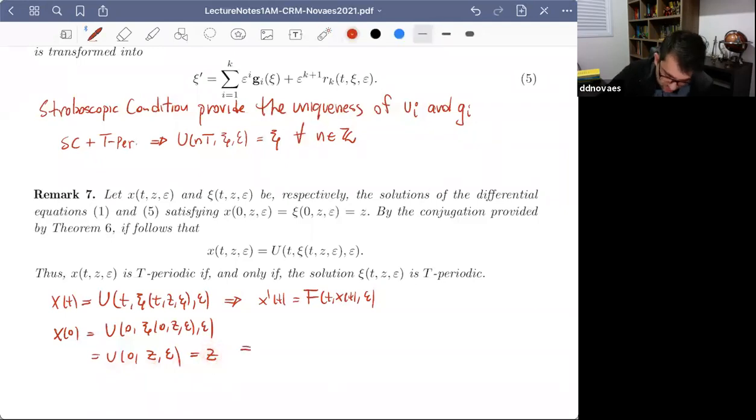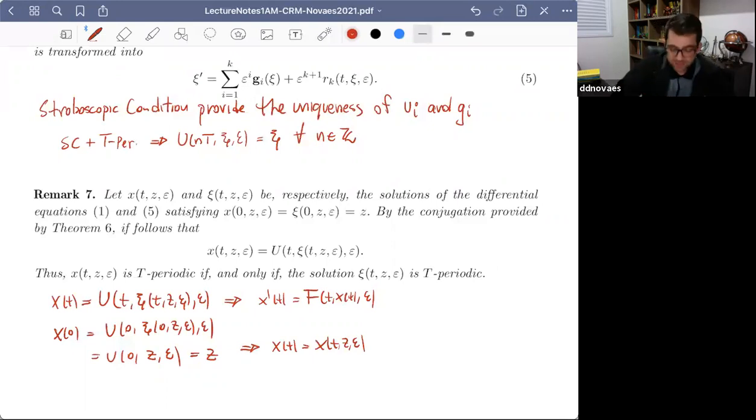Then we have that this x and this x(t, z, epsilon) satisfy the same initial value problem. So x(t) is actually x(t, z, epsilon).